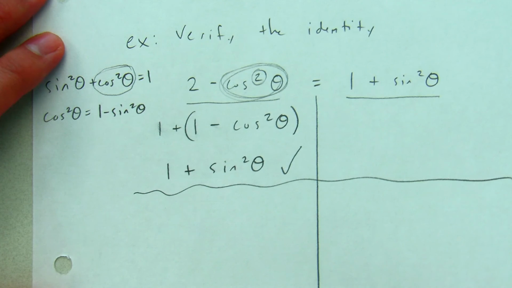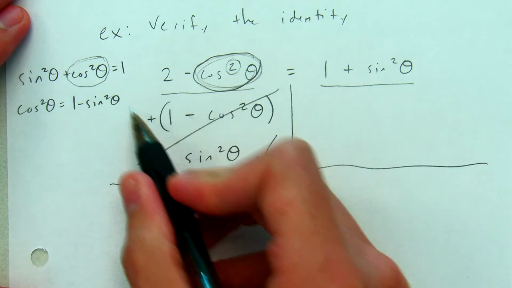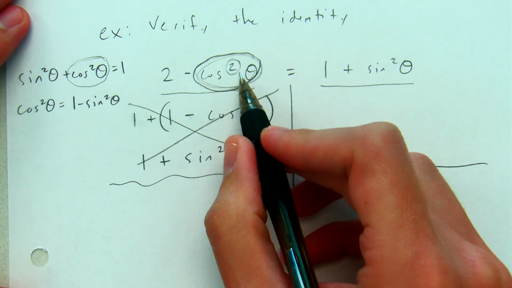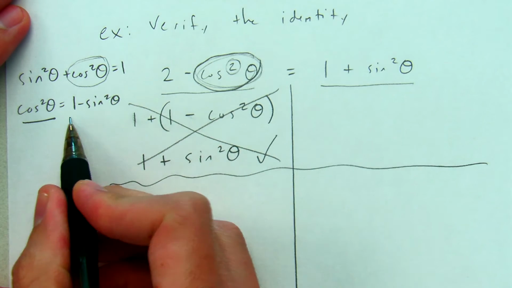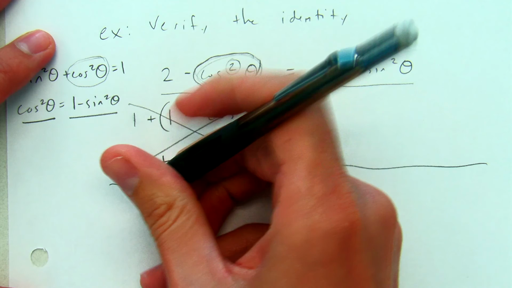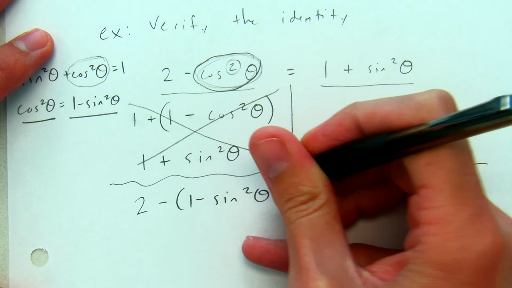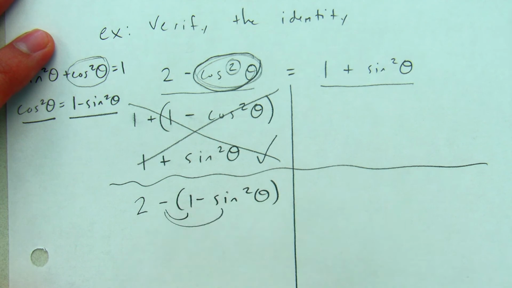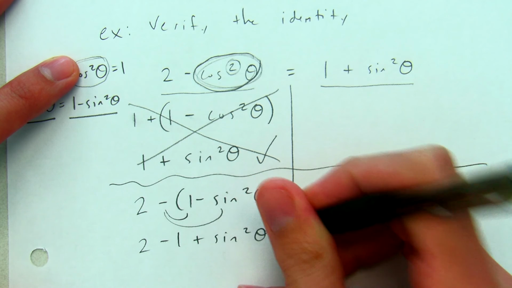And let's say that I start my problem by replacing cosine squared theta. Instead of doing this, which was perfectly good, I decide to start my problem by replacing cosine squared theta with 1 minus sine squared theta. So I'd have 2 minus, 1 minus sine squared theta. Now, the negative would need to distribute to both terms, so I'd have 2 minus 1 plus sine squared theta.